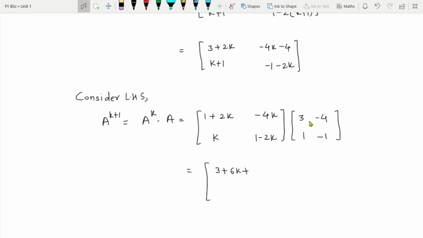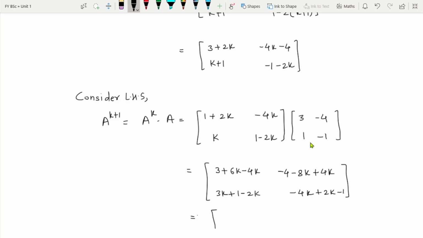Next, 1 plus 2k multiplied by minus 4 is minus 4 minus 8k, and minus 4k multiplied by minus 1 is plus 4k. Then 3k plus 1 minus 2k, and this is minus 4k plus 2k minus 1.